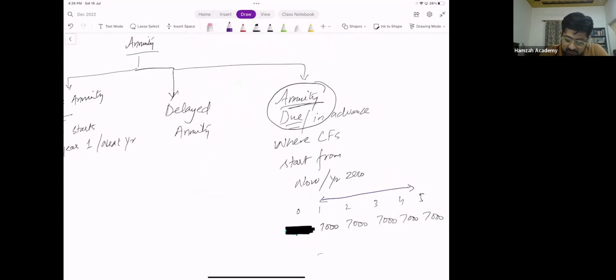So its present value is annual cash flow into annuity factor, simple annuity factor.